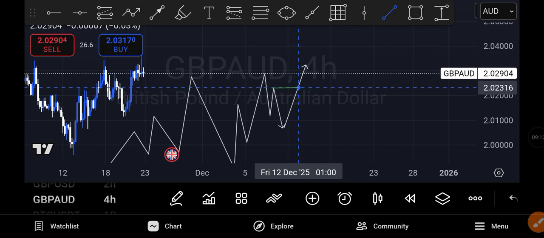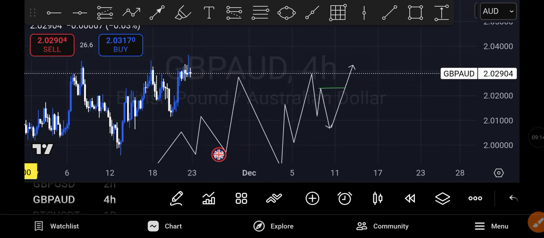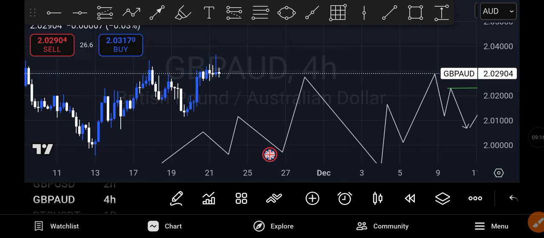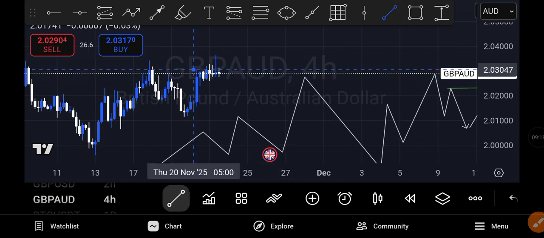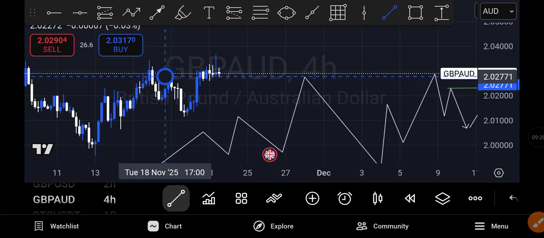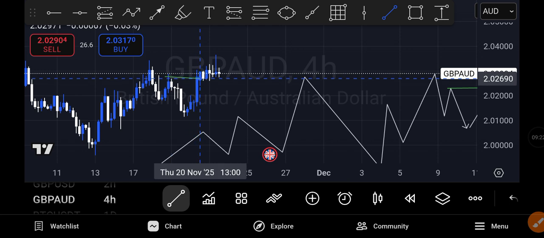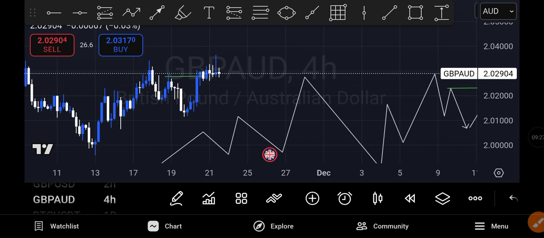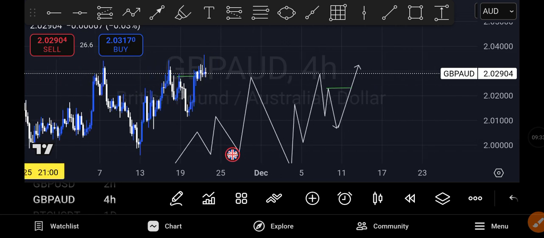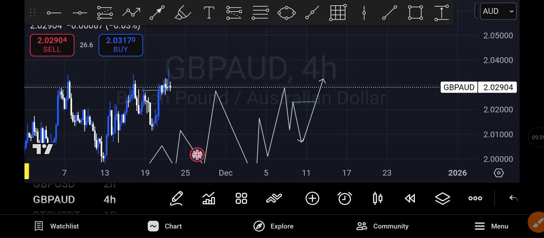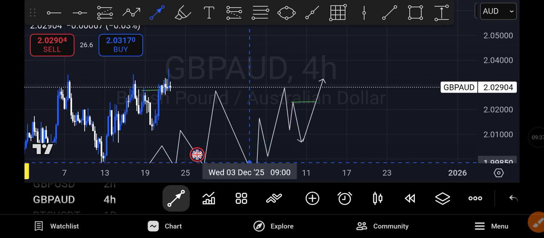All right, market changed the trend at this point. So here on the 4 hours time frame, we had this change of trend here. Okay, which means the 4 hours is bullish on GBP AUD. All right, so we say 4 hours is bullish.